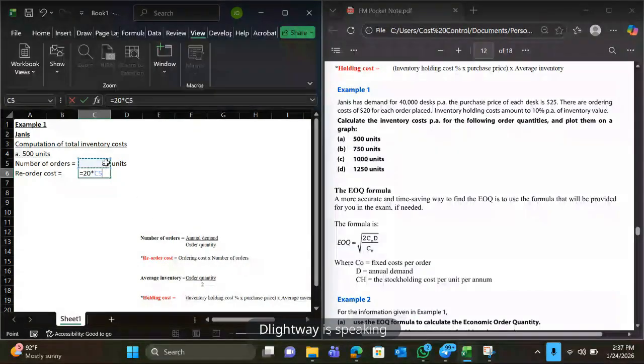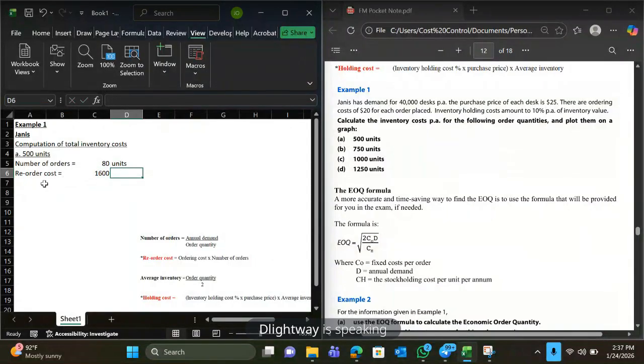That's the ordering cost, 1,600. But I would love to put this at the side here. Let me make this bold. So for the next one, we have to compute our average inventory.